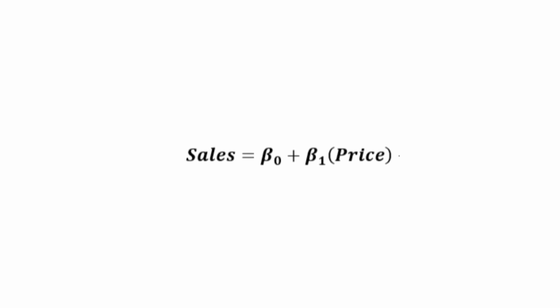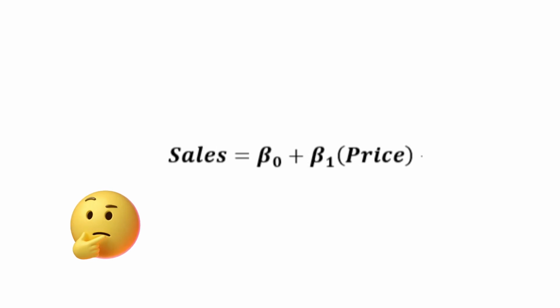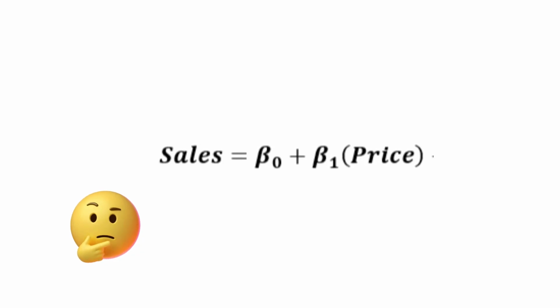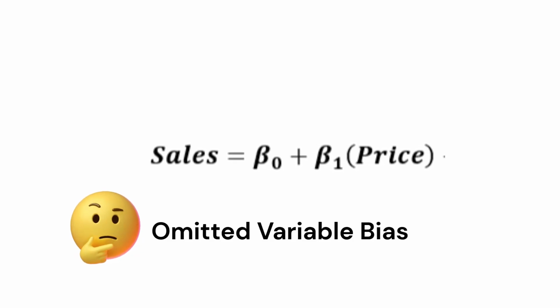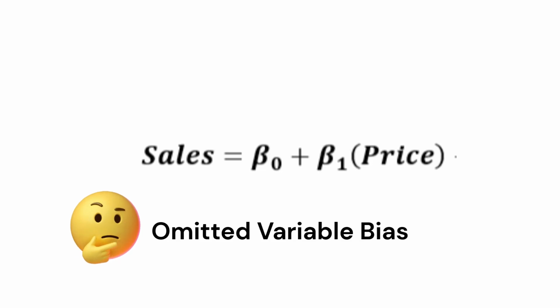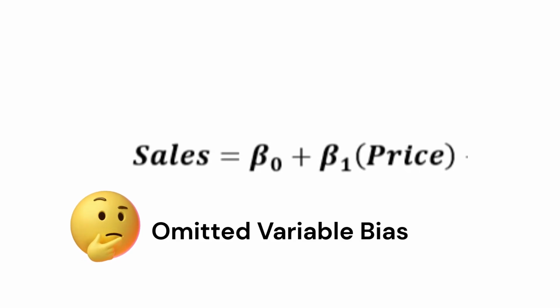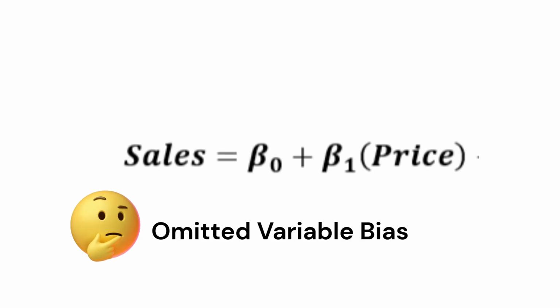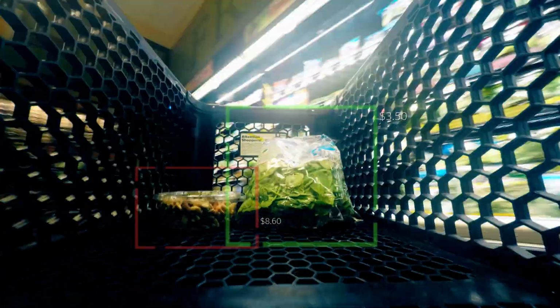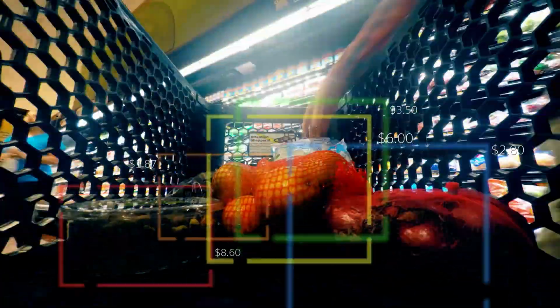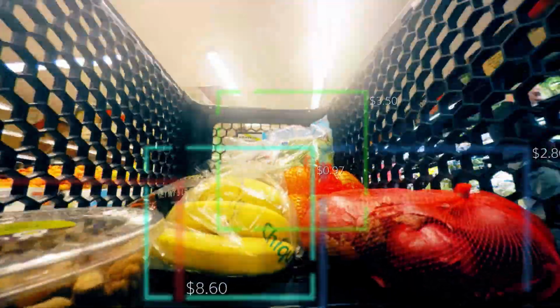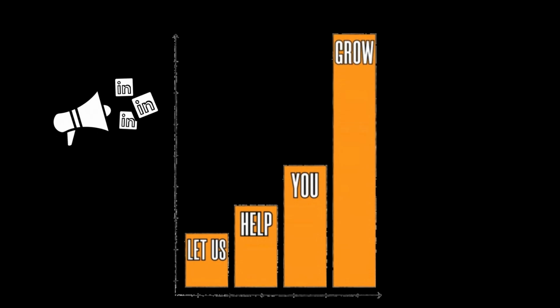Now imagine the manager estimates sales as a function of price alone. Here advertising and store size are missing. This creates omitted variable bias because the effect of advertising may wrongly appear in the price coefficient. The model may incorrectly conclude that price has a huge effect on sales, when actually advertising was responsible.